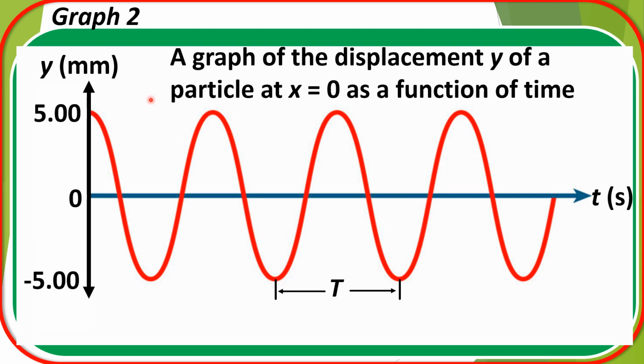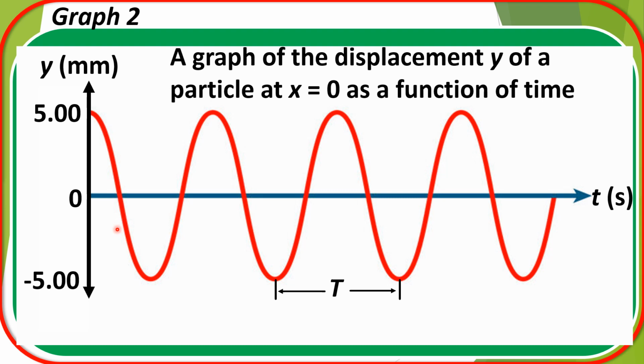Here's another graph, but this graph, number 2, shows the wave function versus time t for a specific coordinate x. It gives the displacement y of the particle at x as a function of time. That is, it describes the motion of that particle.